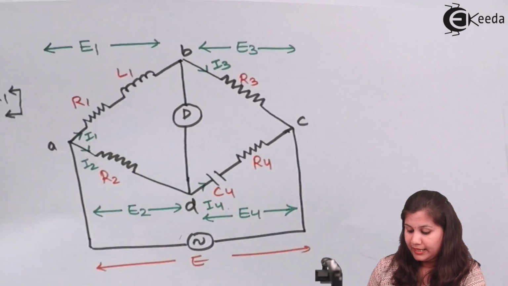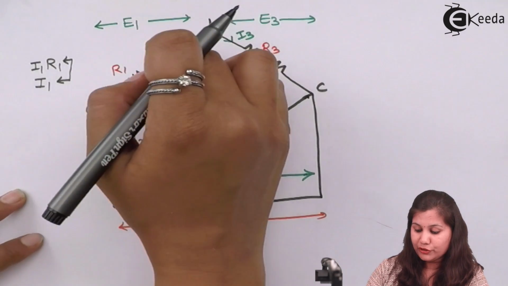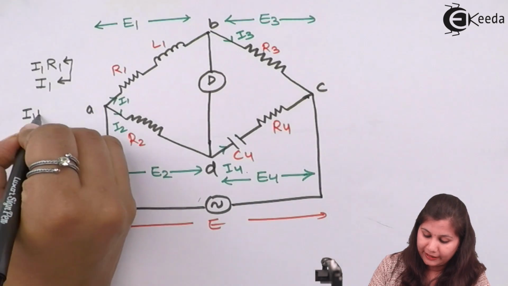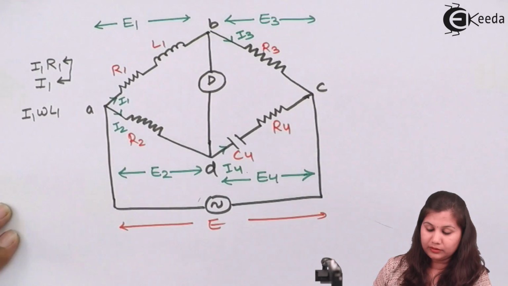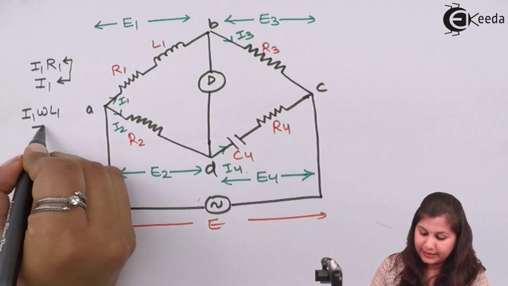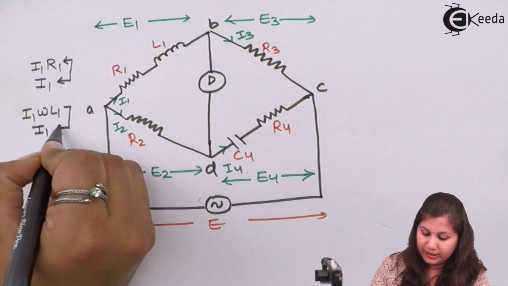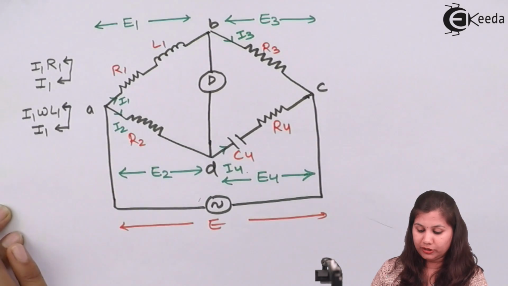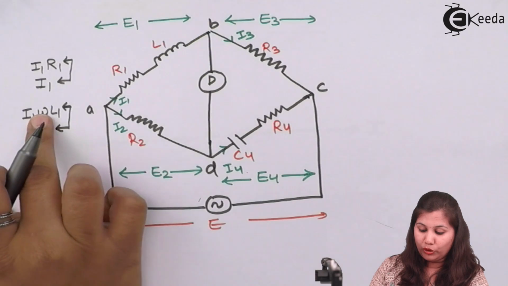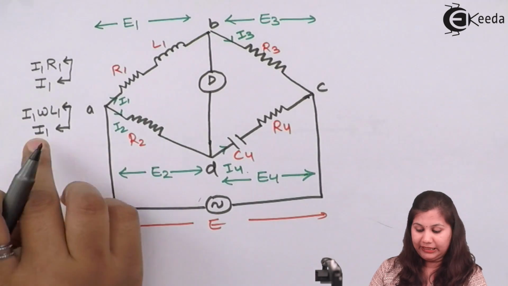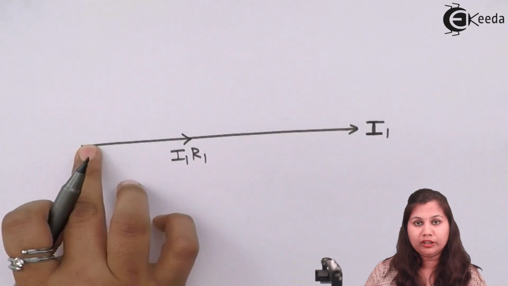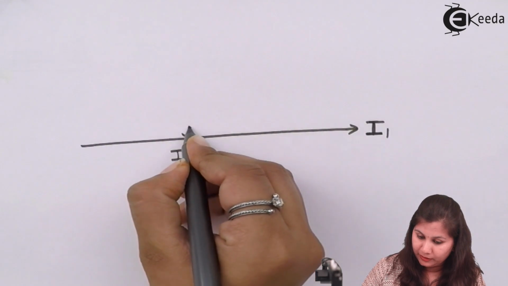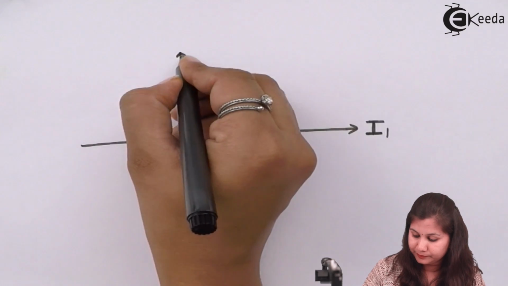Then we have the voltage drop across this inductor. Across this inductor, the voltage drop is I1 omega L1, and current is I1. So this voltage and current will have a 90-degree difference with each other. Inductor voltage is going to lead the current by 90 degrees. Current is I1, voltage is going to lead it by 90 degrees. So the voltage will be drawn here.